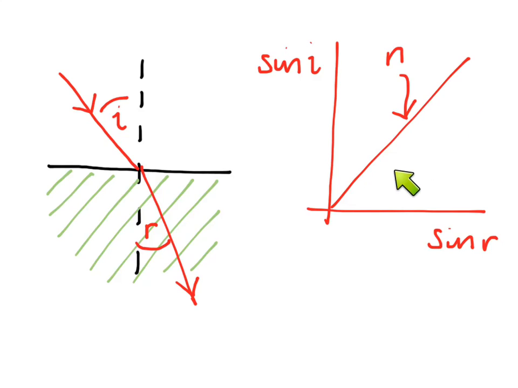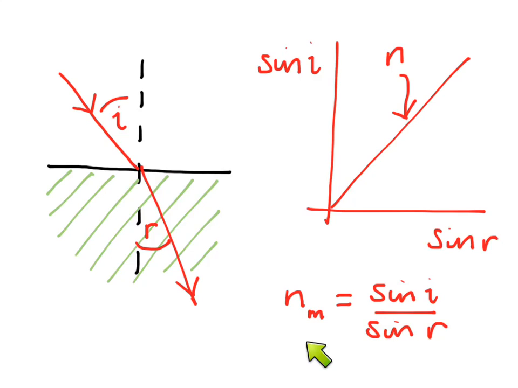So the gradient N was characteristic of the material. In this diagram, the refractive index of the material, N_m, is equal to sine I, the sine of the angle of incidence, over sine R, the sine of the angle of refraction. So that is the gradient of this graph.